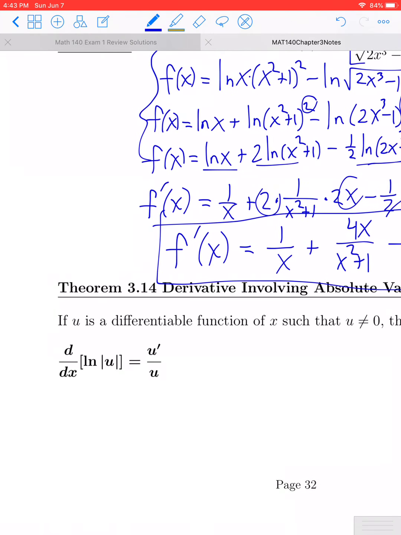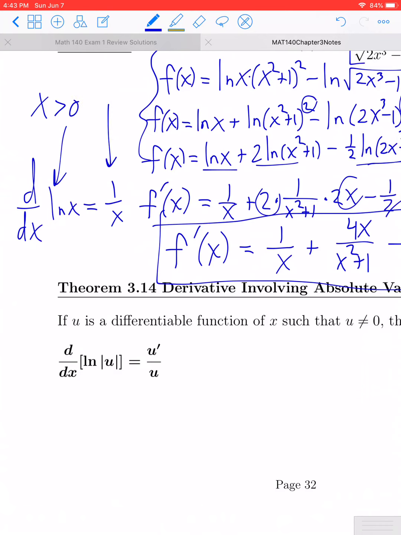The next thing we're going to discuss very briefly is our derivative rule. If you go back to theorem 3.13, when we define the derivative of the natural log of x as being 1 over x, be very careful here. The ln is only defined for x greater than 0. That's the domain of the ln, yet the derivative 1 over x would actually be defined for values different from 0.